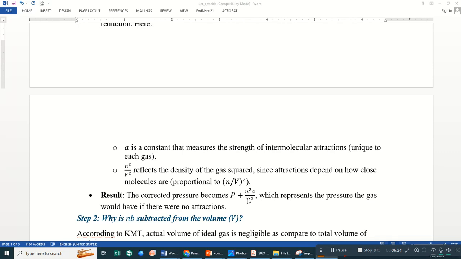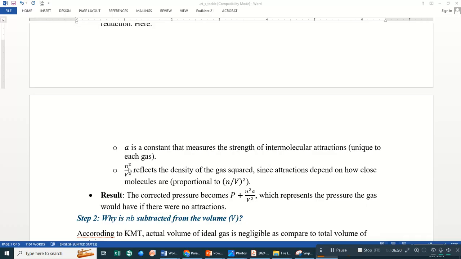Why are n and V included, n² over V²? Basically n² over V² reflects the square of the density of the gas, since the attraction depends upon how close the molecules are. n is the number of moles. The greater the number of moles, the greater the number of molecules, and they will be closer to each other.